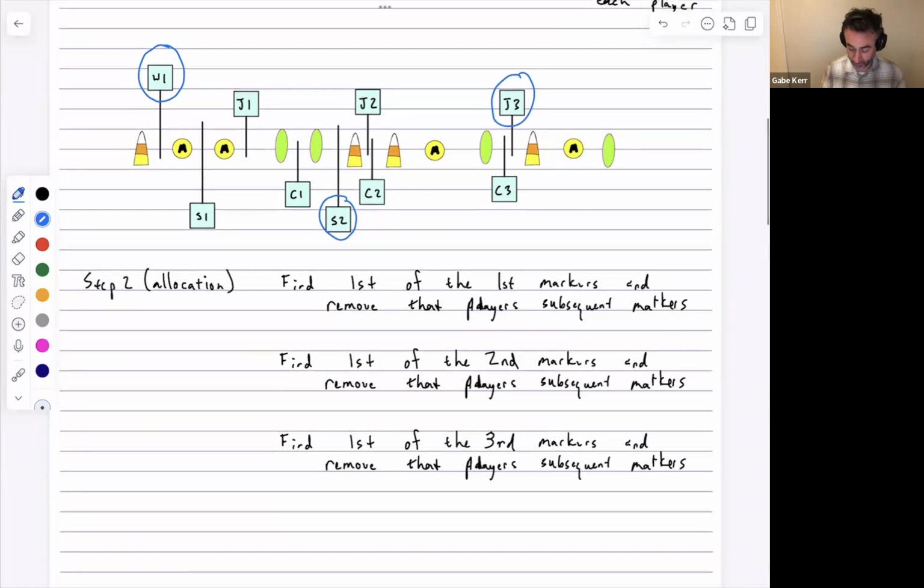Well, now we're still in the process of allocation. We found 3 of these markers, and what we do to allocate is the winner of the first markers gets the beginning to their first marker. The winner here gets their first marker to their second.